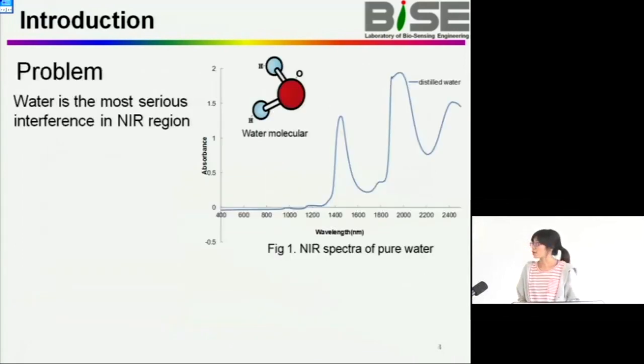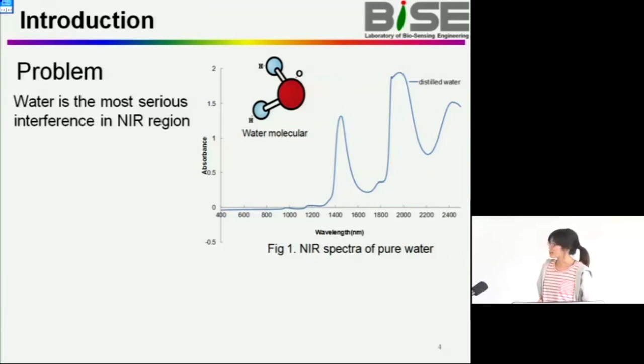In this study, I want to use NIR spectroscopy to detect coffee solution. But for solution detection in the NIR region, water is the most serious interference because water has strong absorption in the NIR region. This figure shows the water absorption in the NIR region. From this figure, we can see that water has 2 strong and broad absorption peaks in the NIR region.